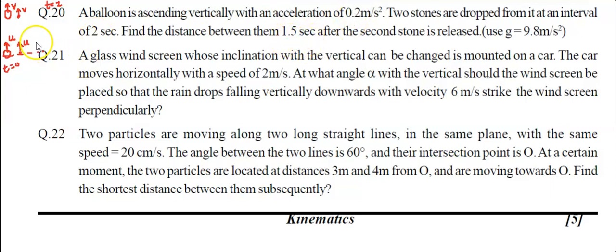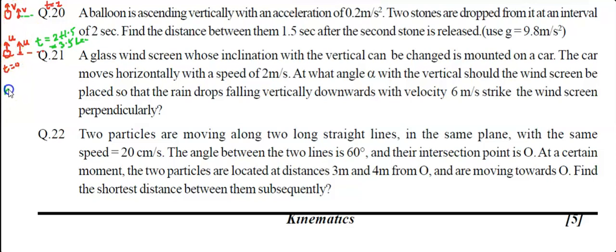So the first has traveled for time 2 plus 1.5, that means we need to find how much displacement it caused in 3.5 seconds. Then for the second, we need to find the displacement caused in 1.5 seconds.